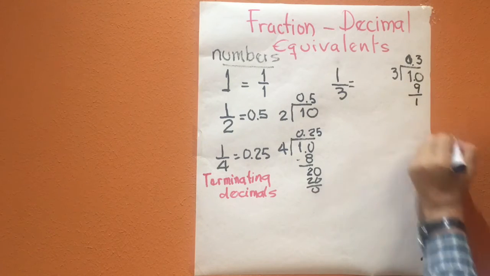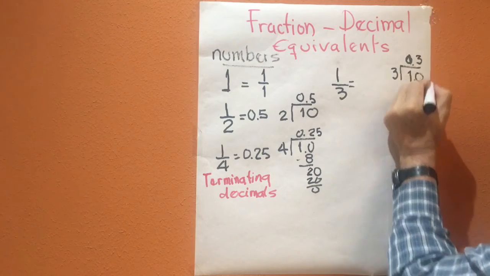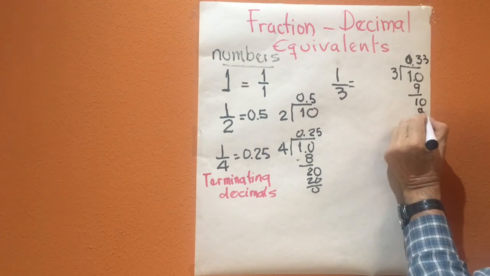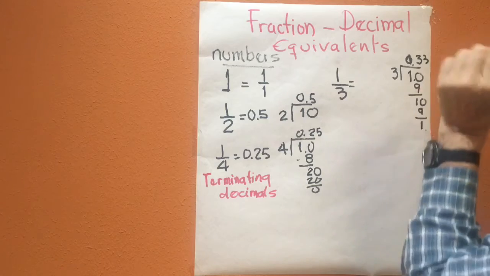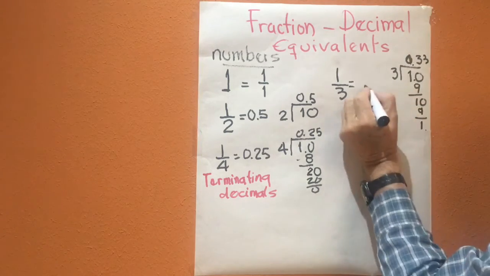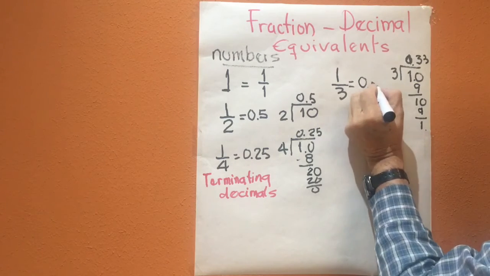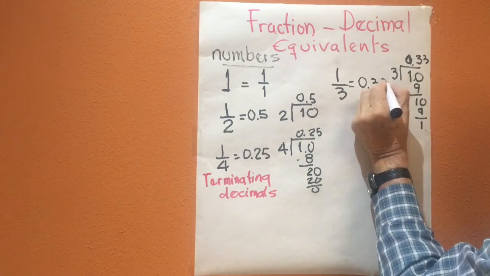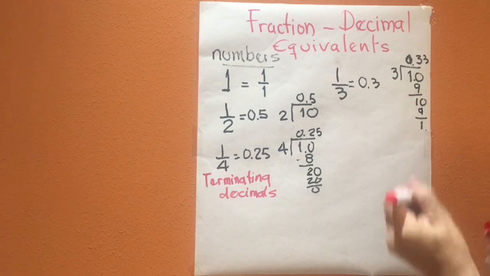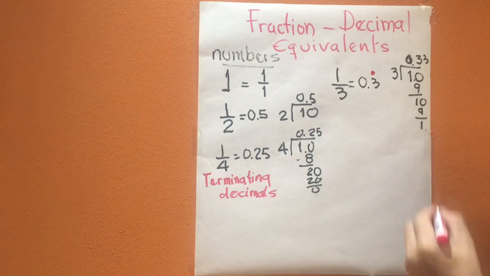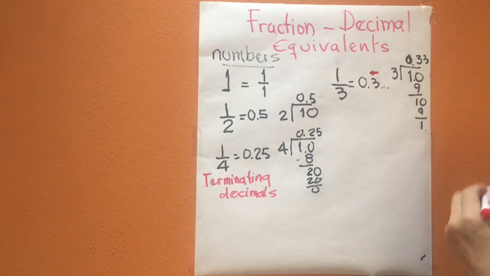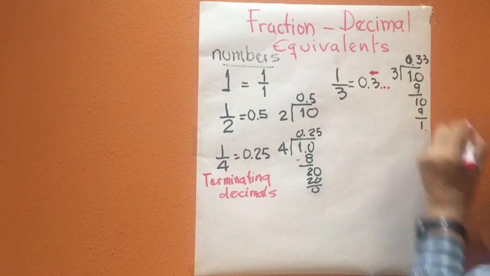The remainder is 1. Okay, so I add another 0 and I will have 3. Again, the remainder is 1. So this number 3 is going to be repeated. So my answer here will be 0.333. In order not to repeat this number, I have to put a line, or I could put 3 points also. It depends.